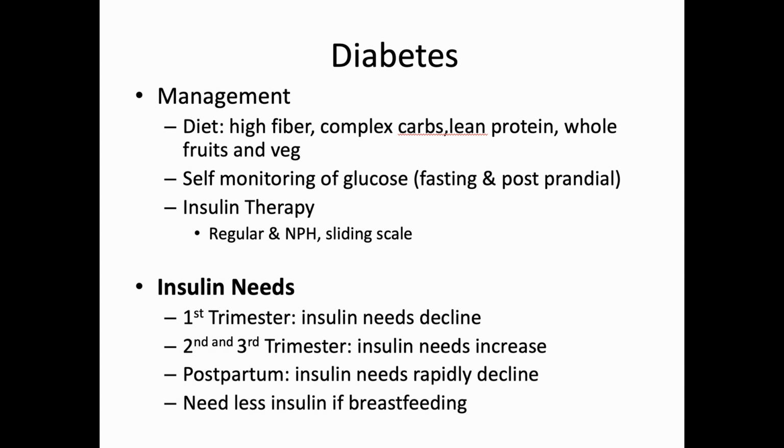And then they could be on insulin as well. It really depends on the situation. Again, the insulin needs in the first trimester are going to decline. Second and third very quickly are going to increase. Postpartum rapidly decline again. And they'll need less insulin postpartum if they are breastfeeding.